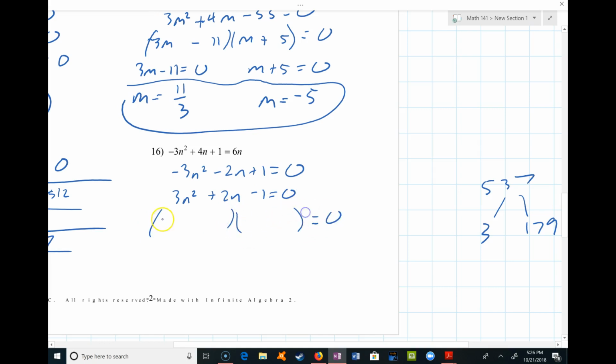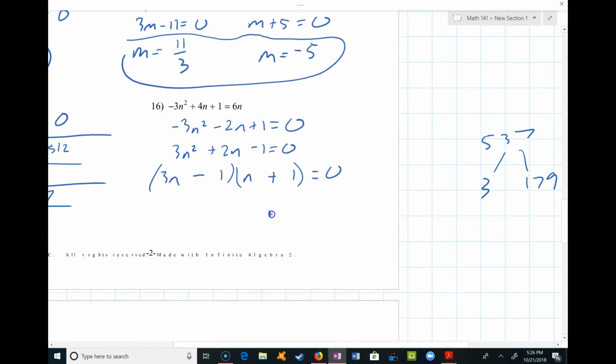Factor it, and we get 3n and n, and 1 and 1. That'd make that a positive and that a negative. So that'd be n plus 1 equals 0 and 3n minus 1 equals 0. This gives me n equals negative 1, and n equals 1/3.